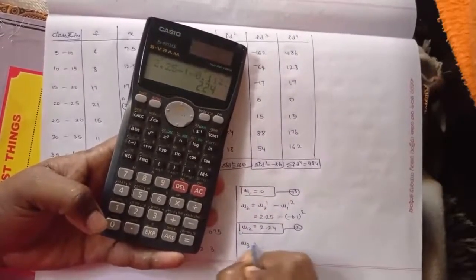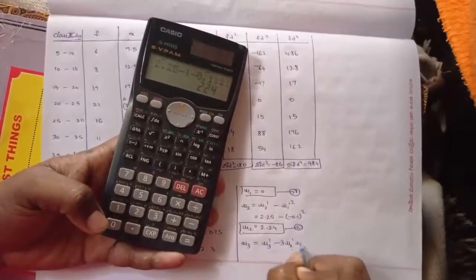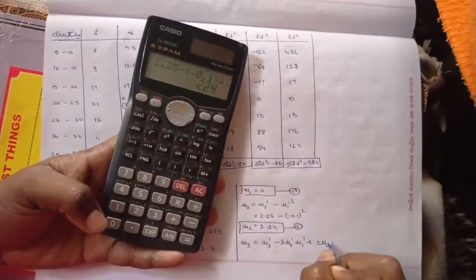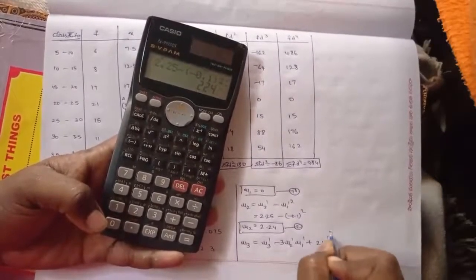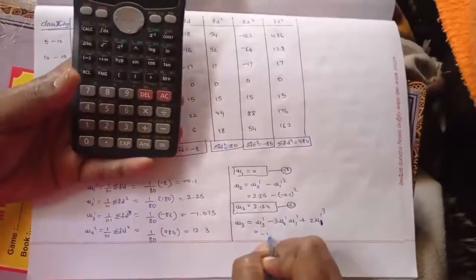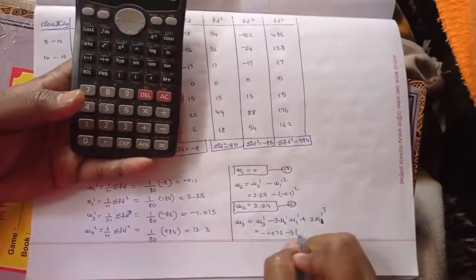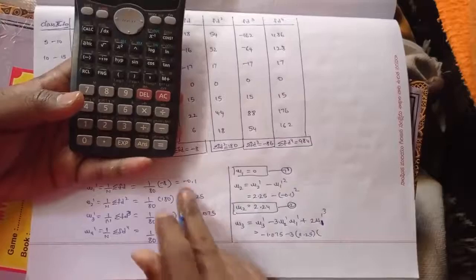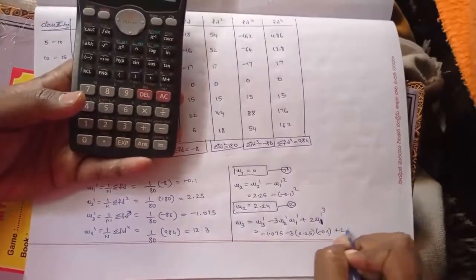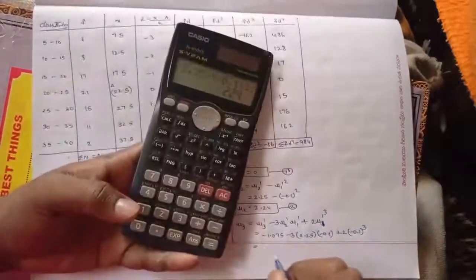So mu3 is equal to mu3 dash minus 3 mu2 dash mu1 dash plus 2 mu1 dash power 3. So what is mu3 dash? Mu3 dash is minus 1.075, minus 3 of mu2 dash 2.25 of minus 0.1, plus 2 of mu1 dash minus 0.1 power 3. So let us solve this.